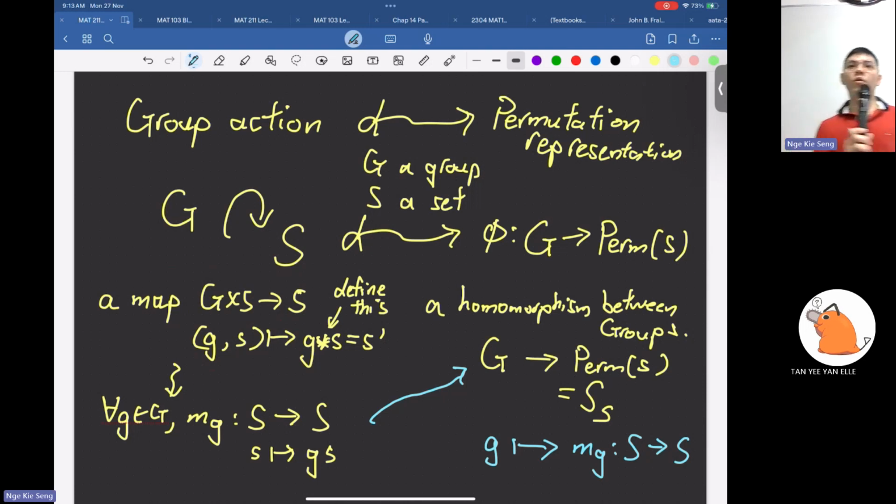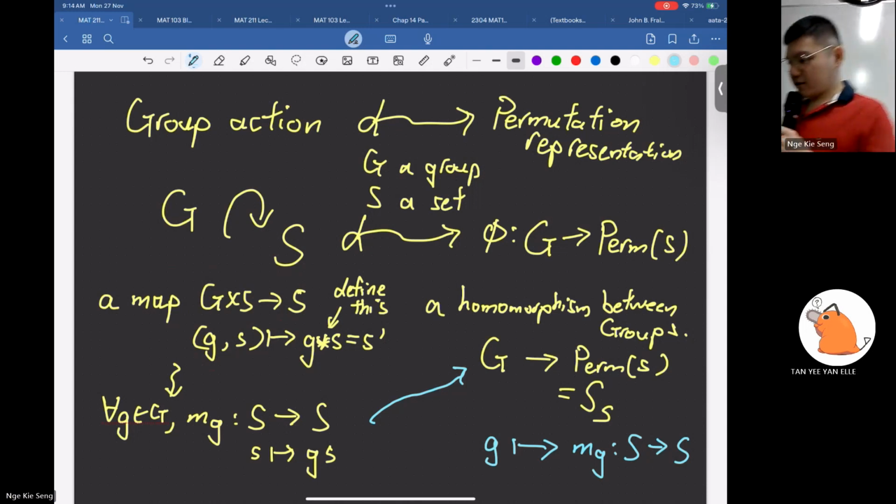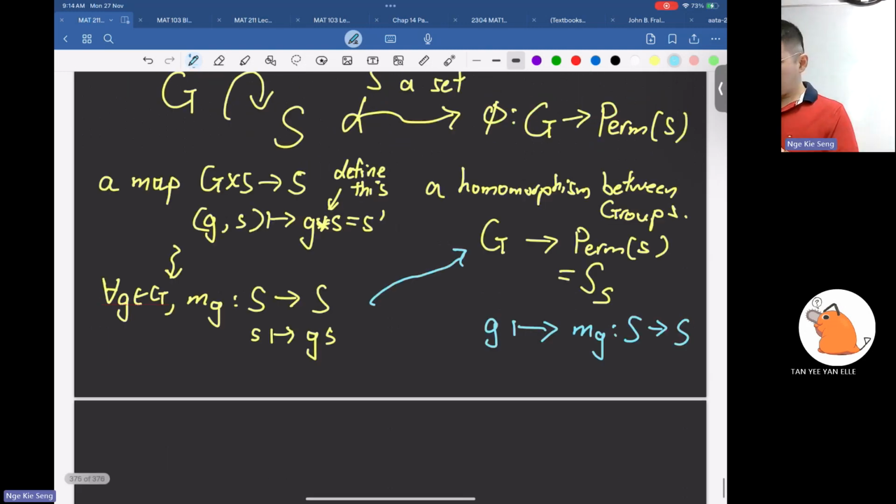If my set has more structure, for example my set is a vector space, what's the invertible operation on a vector space? As a finite dimensional vector space, it has finitely many bases. Try to link to what you have learned.